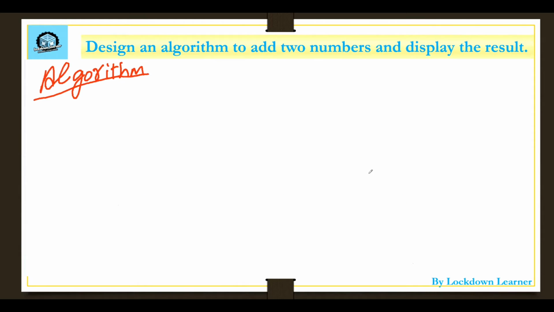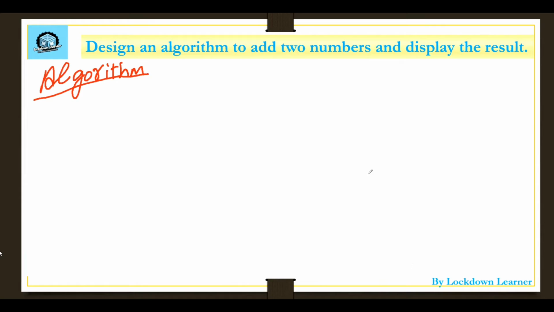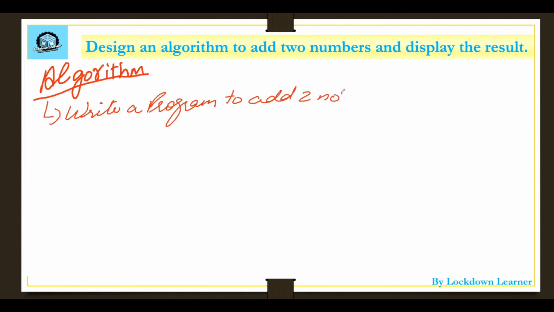Then we have an algorithm for adding two numbers, and how to write it. Suppose I ask you to write a program to add two numbers. What will you do first?